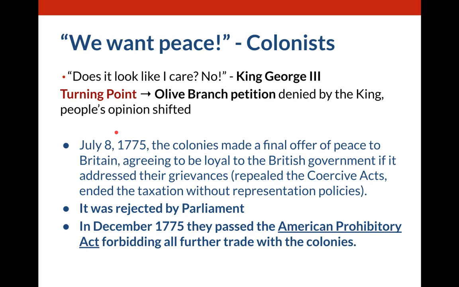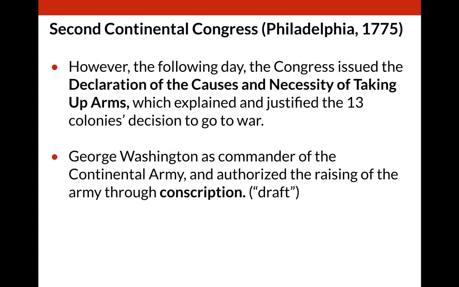So, going back to the previous slide, we did want peace. But I think in the back of our mind, we knew that this wasn't going to occur. So we wanted to plan for the worst case scenario. So we did pass the idea that we would go to war against England.